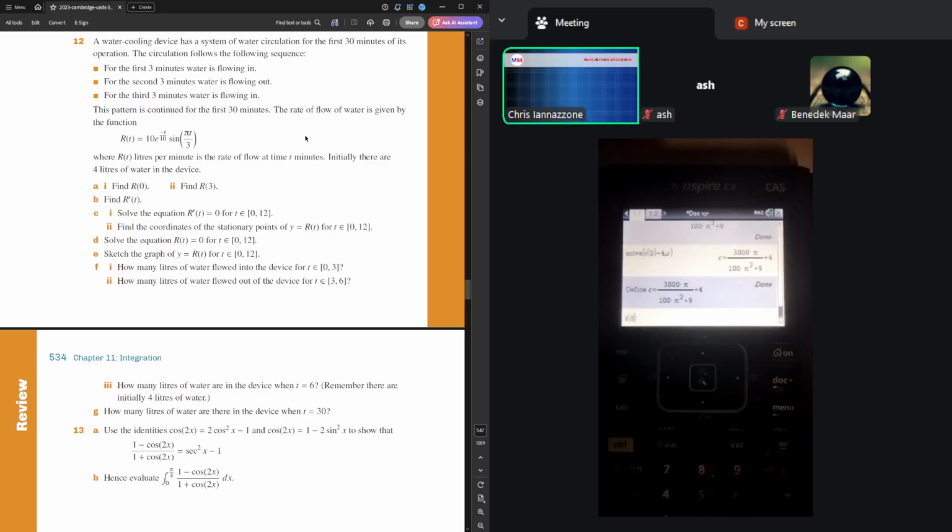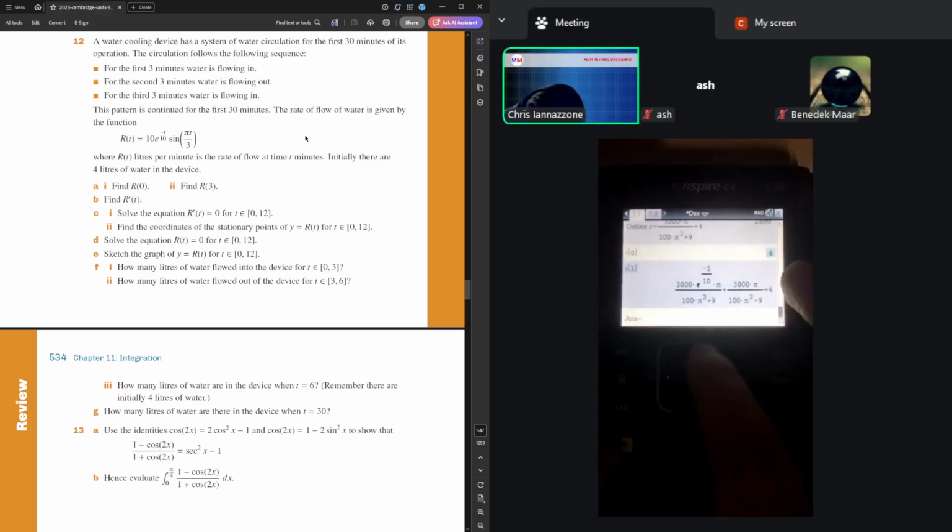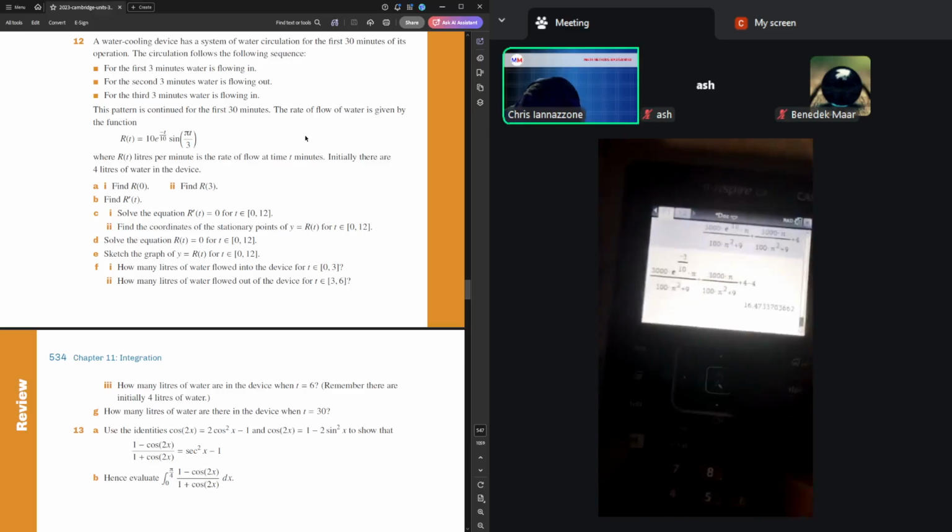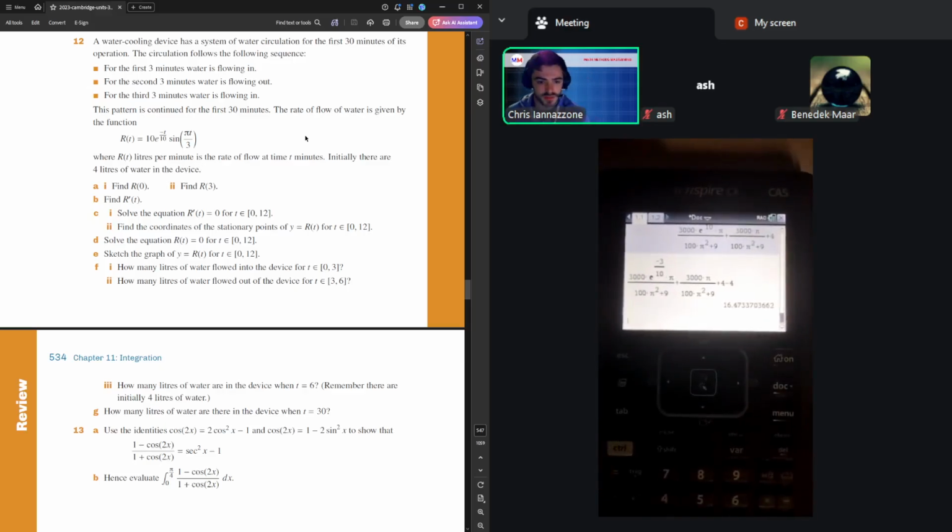Now we should get the proper behavior where if I shove in t equals 0 I get y equals 4, which is now consistent with the question itself. So when I then test my 0 to 3 and then find the difference between the two, I now get the actual amount that has flowed in. That's one way of doing it there.